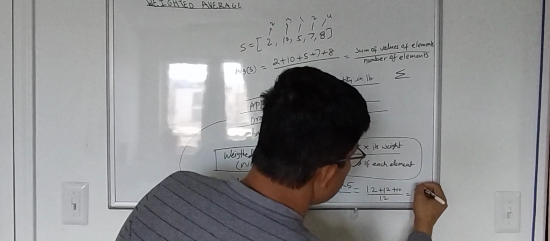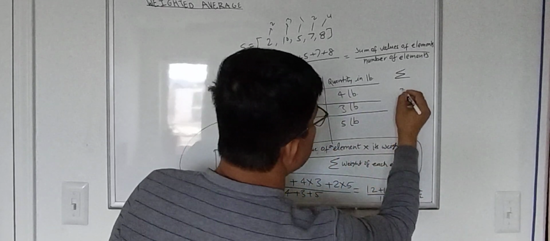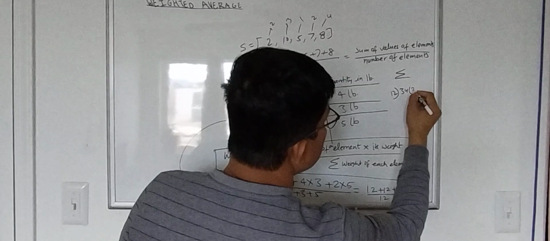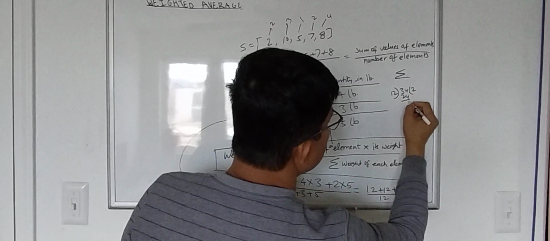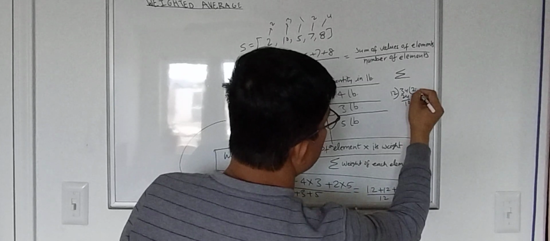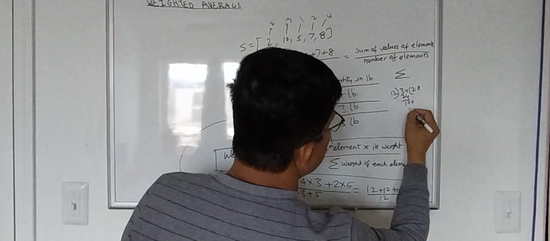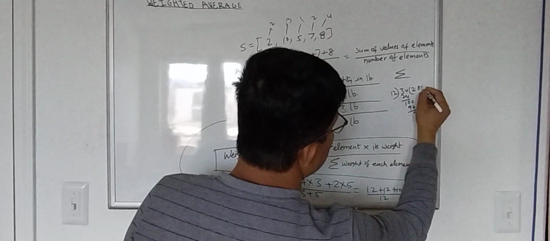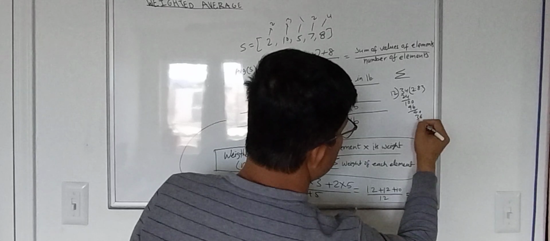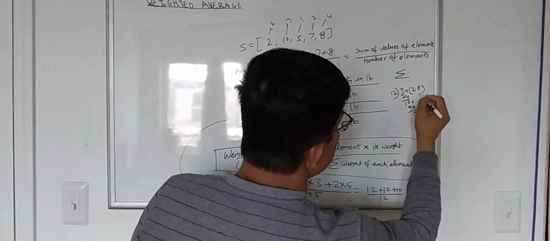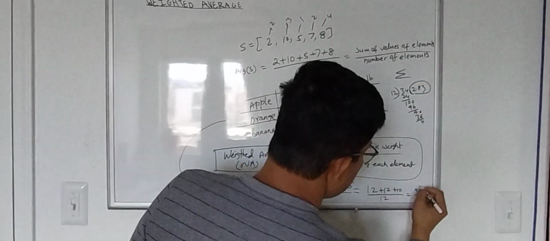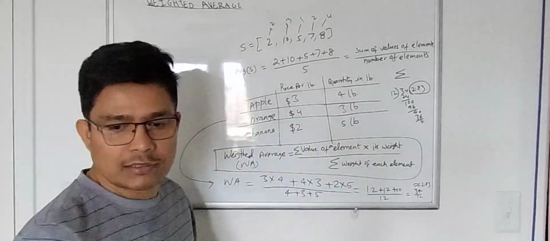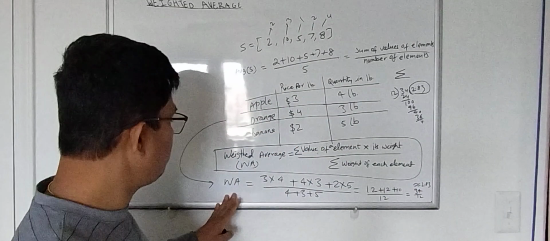And if you solve it, that will be around $2.83 per pound is the weighted average.